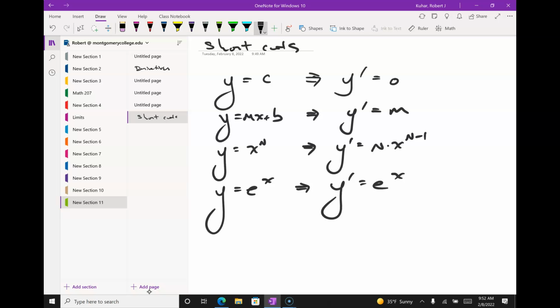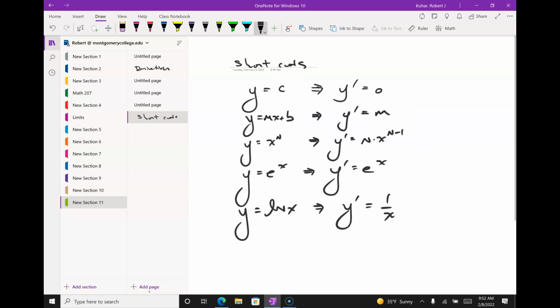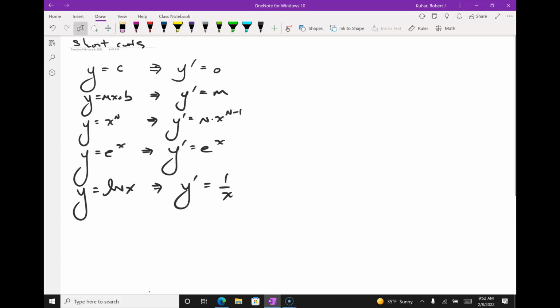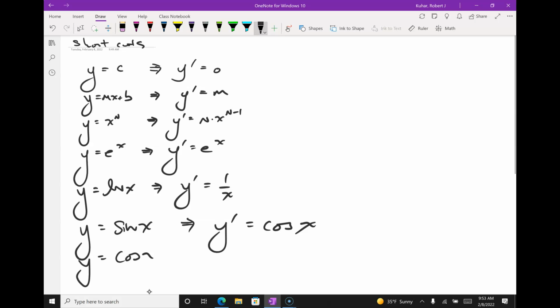Pretty interesting: wherever the height is, that's the slope at the same time. y equals ln of x gives y prime equals 1 over x. y equals sine of x, the derivative is cosine of x. Pretty crazy. If y is cosine of x, y prime is negative sine of x.